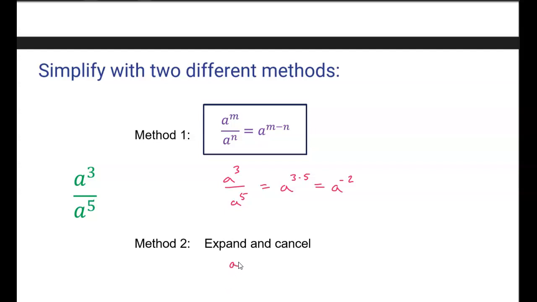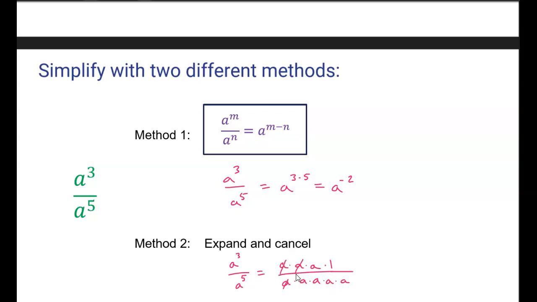Now let's try expanding and canceling. We start at the same place, a to the 3rd over a to the 5th. This is a times a times a over a times a times a times a times a. And we can have an invisible 1 there.